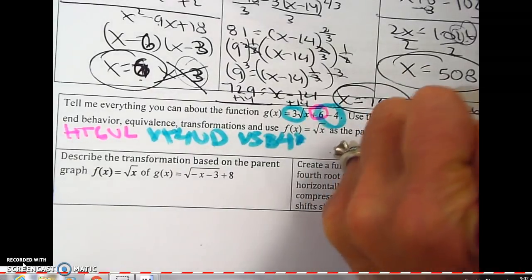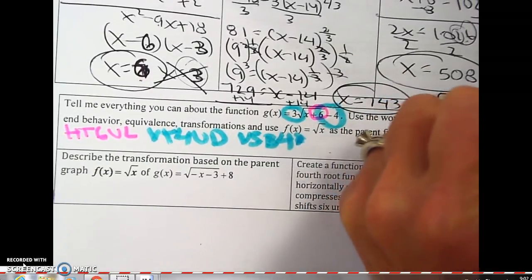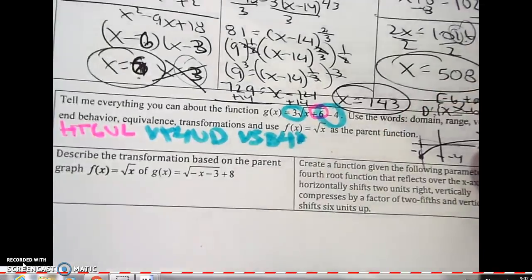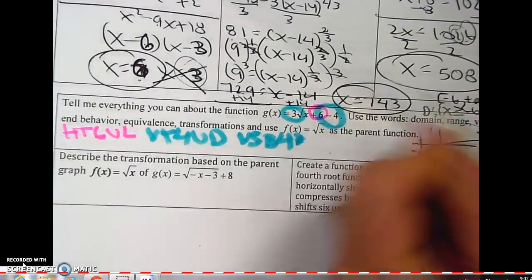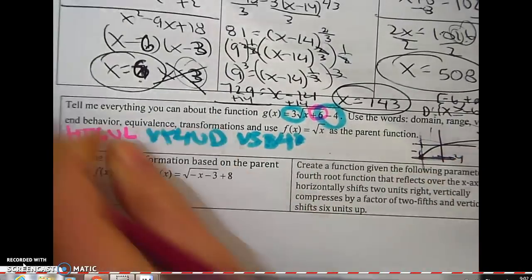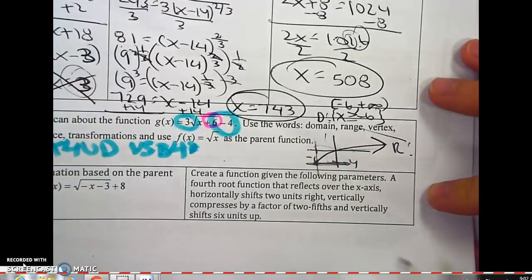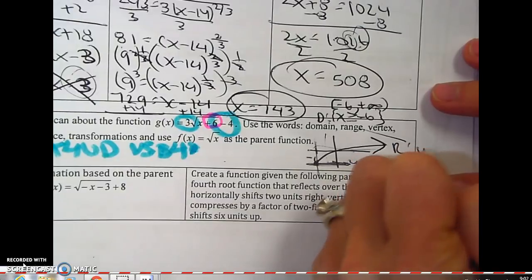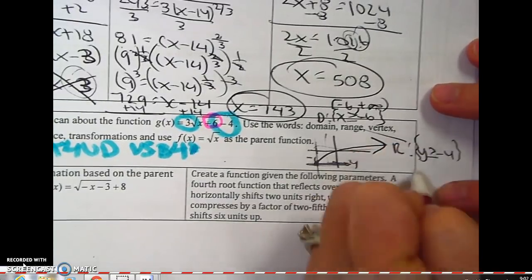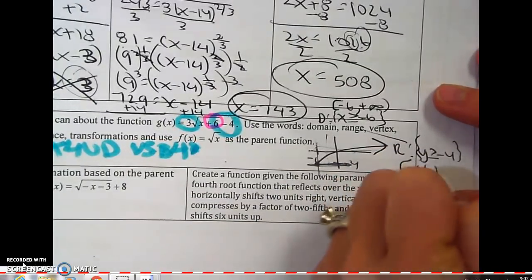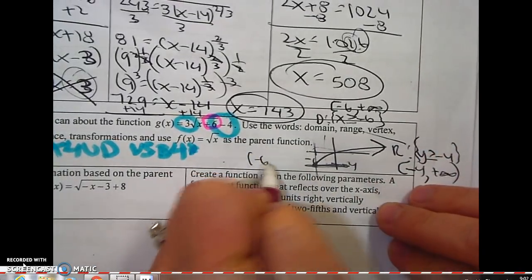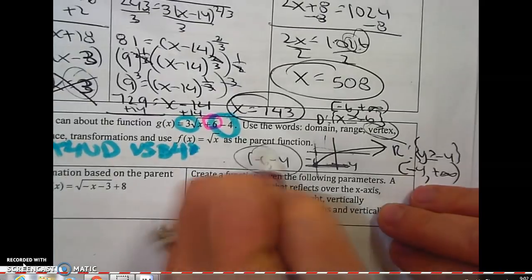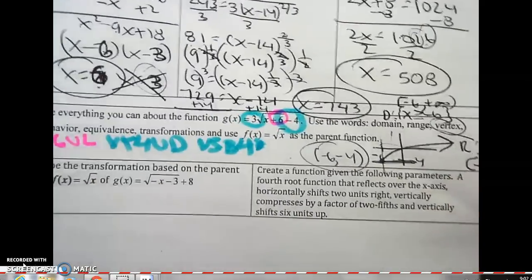Or I can write it as included -6, positive infinity. My range is starting at -4 and going up. So that means my range, I realized you can't see that, sorry about that, is y is greater than or equal to -4. -4, positive infinity. My vertex is -6, -4. There's my vertex.